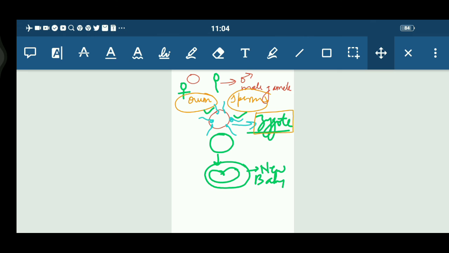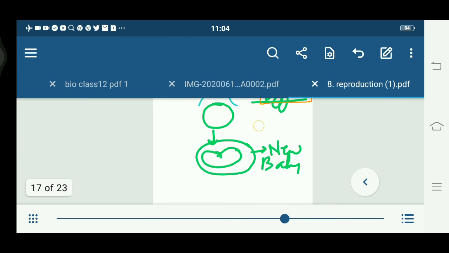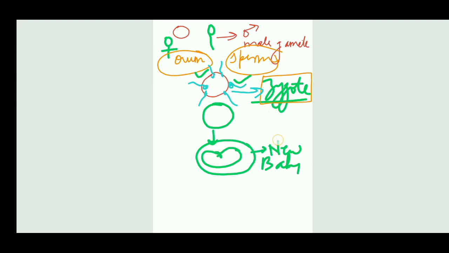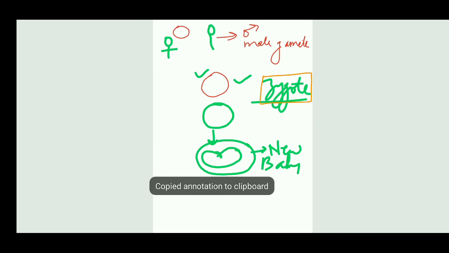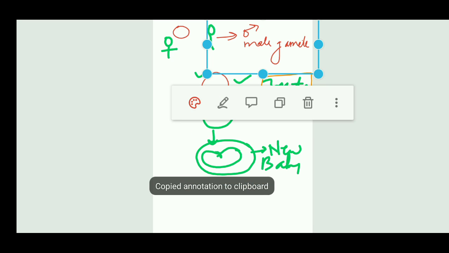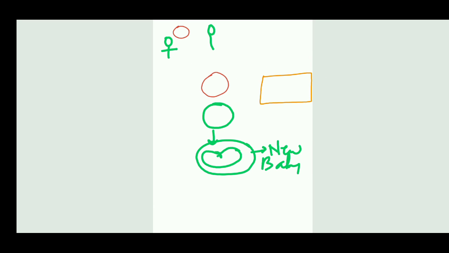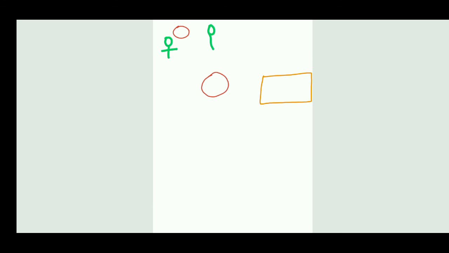I would like to write all these points for you, which are very very important, students. Remember, in examination a lot of questions come from this part, so you have to listen to this concept very very carefully.